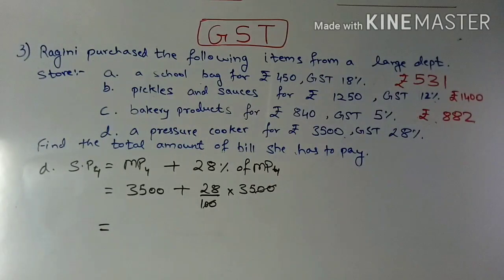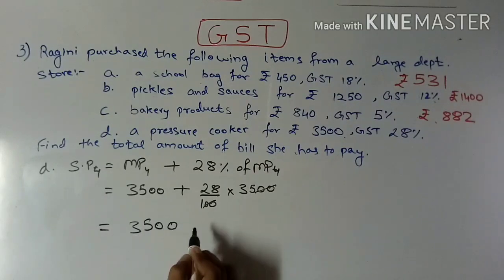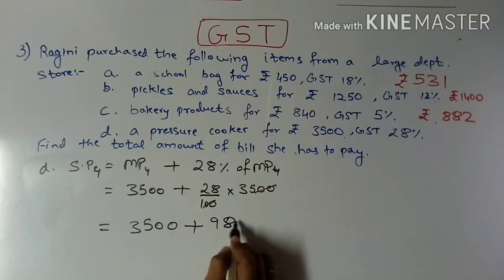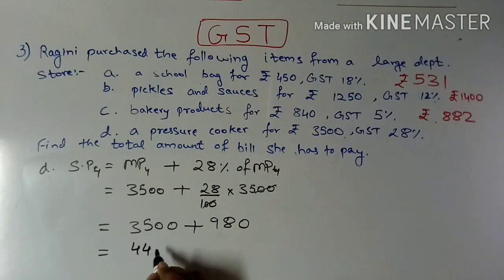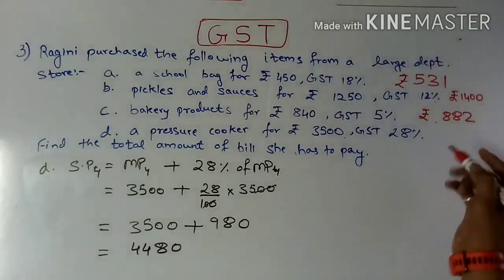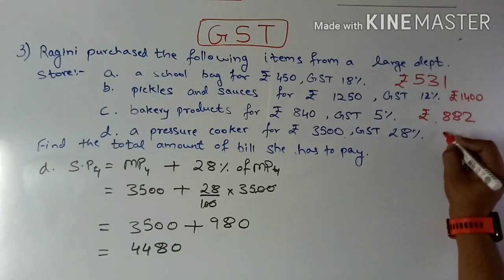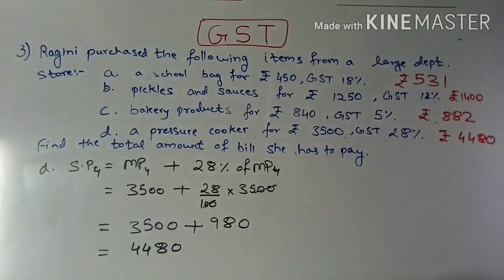This gives me 3500 plus 980, which gives me 4480. So the total selling price, including the GST of 28% for pressure cooker, becomes 4480.